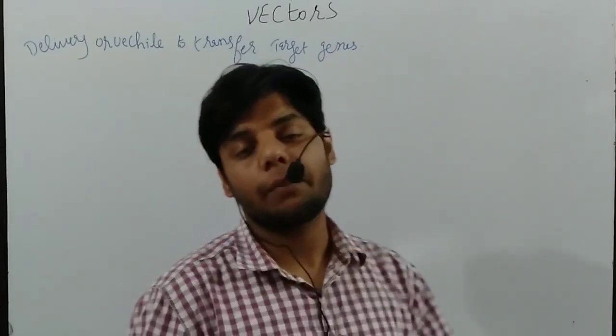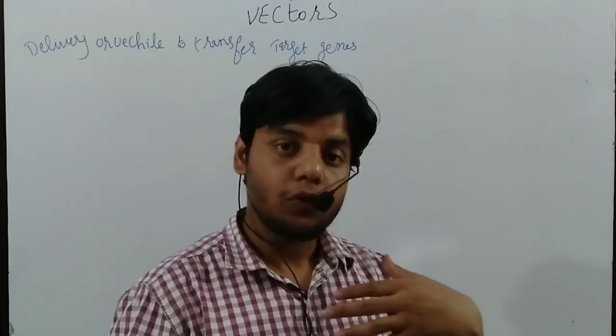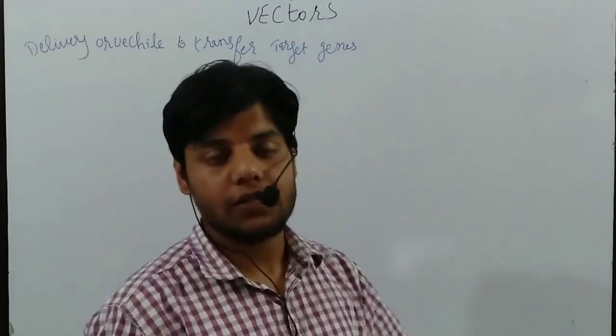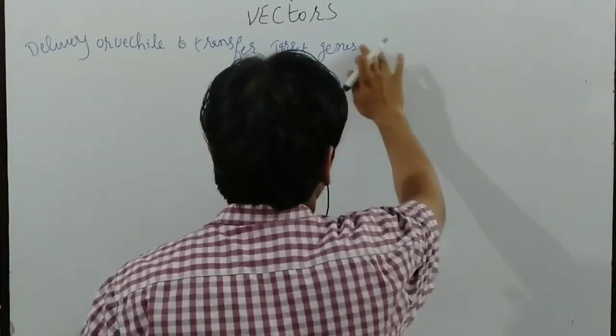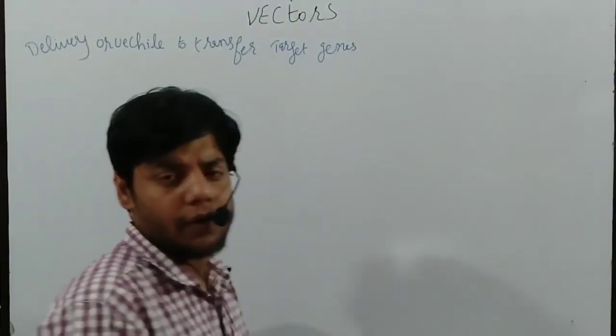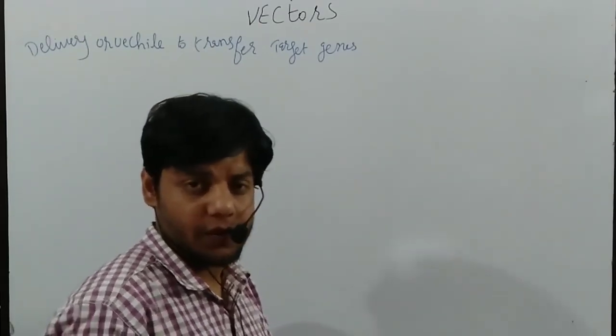These three are the main properties due to which we can identify whether a genome is a vector or not. Usually there are different types of vectors: plasmid, cosmid, phasmid, cloning vectors, expression vectors.